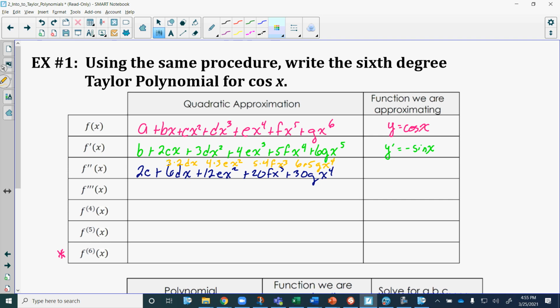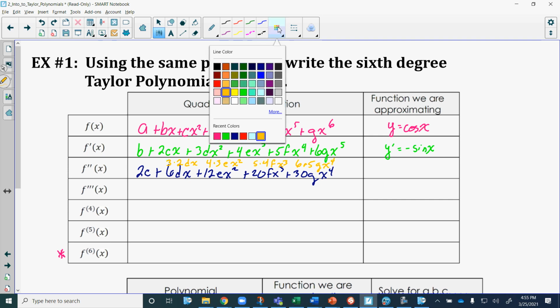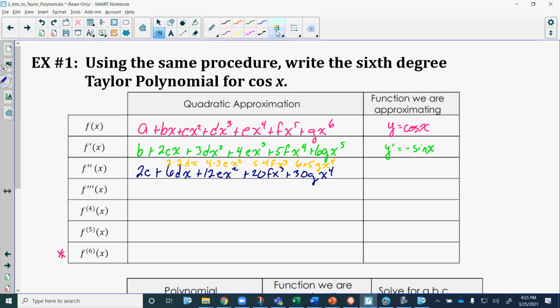I'm not necessarily going to do that on all of them, but I want you to see a pattern being created that is something that the Taylor polynomial uses. I don't want to spoil it, but let's go to the third derivative.